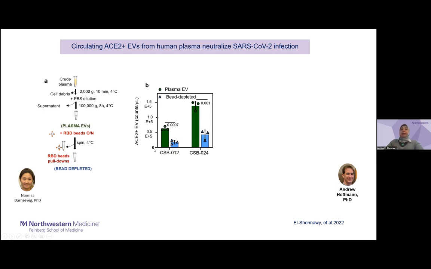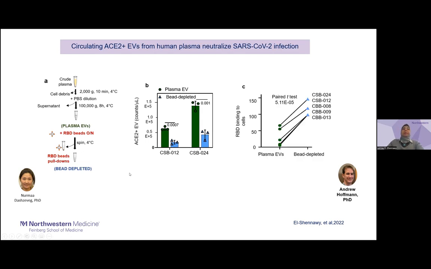We can find that there is significant inhibition in the levels of ACE2 positive EVs in the depleted samples compared to their non-depleted counterparts. And so we performed a simple cell-based assay, and you can see here that plasma EVs with ACE2 without any depletion decreased the RBD binding to the cells.